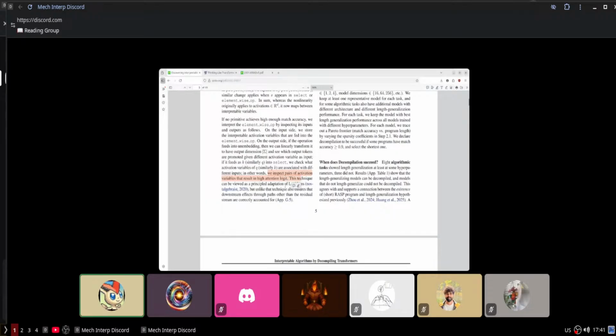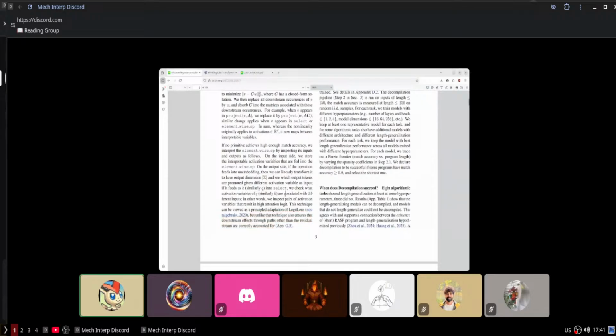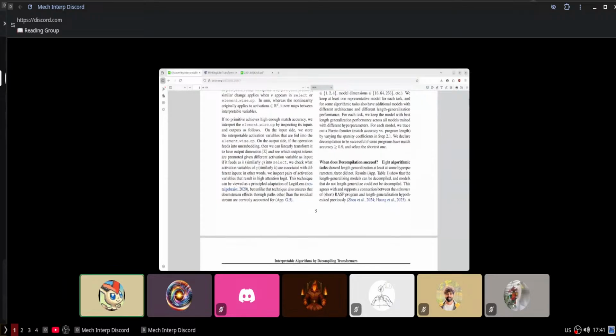Maybe remember this, it's slightly interesting. This technique can be read as a principled adaptation of logit lens. Let me see this. So when they try to replace the MLP by some specific functions, and when they can't, they somehow use logit lens, or a RASP version of logit lens.